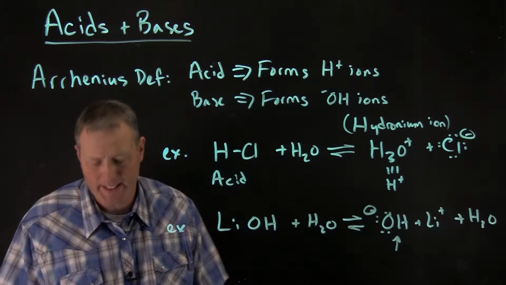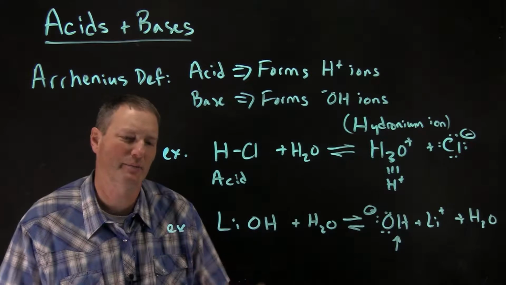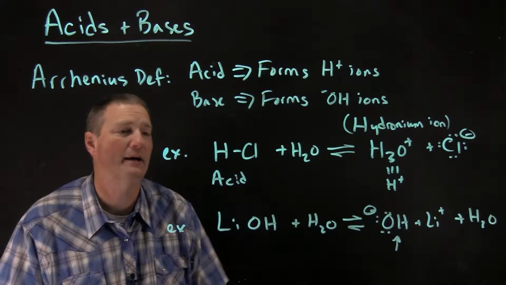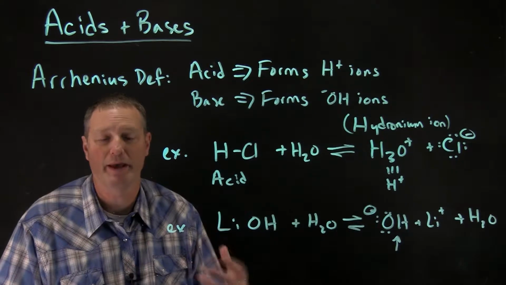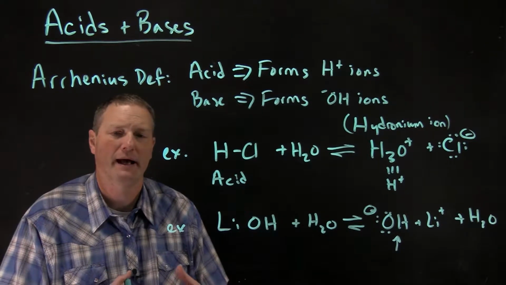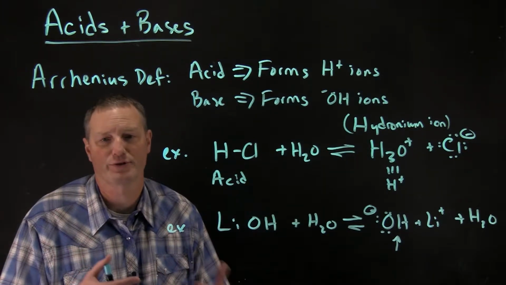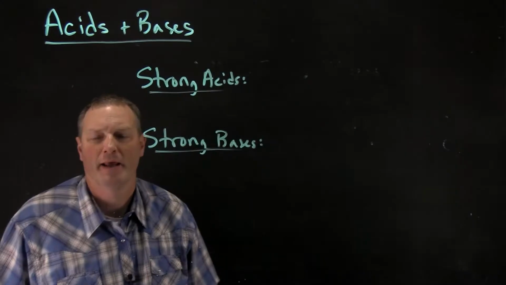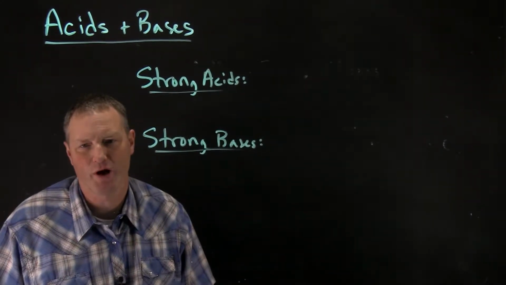Now, the Arrhenius definition, again, is pretty simplistic and doesn't really apply well to a variety of acids and bases. So we're going to see a better definition in a little bit. But before we get to that definition, let's describe, in general terms, some strong acids and strong bases. I'd like to list out some of the compounds that we would consider to be strong acids.